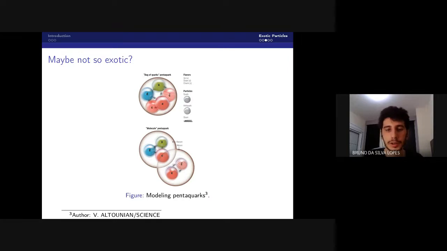But there's also another possible picture, which is the molecular pentaquark, and it will be, of course, like the name, very much like a molecular structure, where you have a regular baryon and a regular meson very close together.